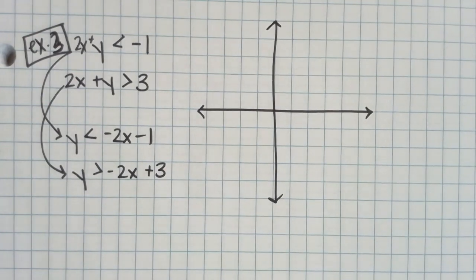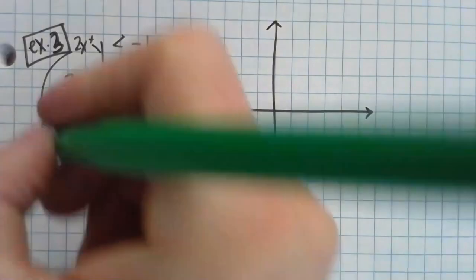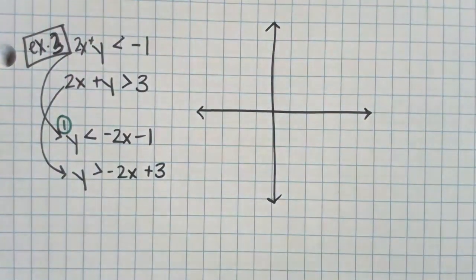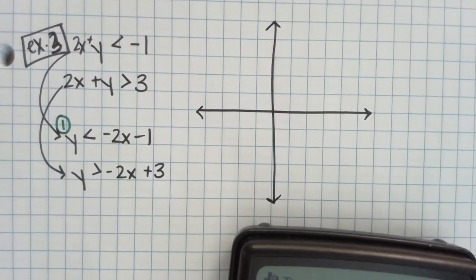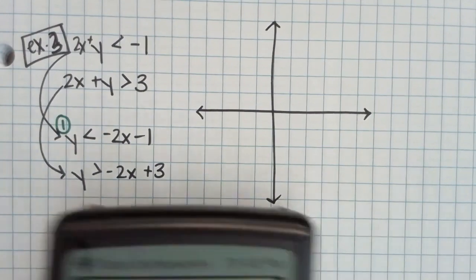All right, so let's graph these. Let's do this as number 1. So we'll do y equals negative 2x minus 1. Put my table up.